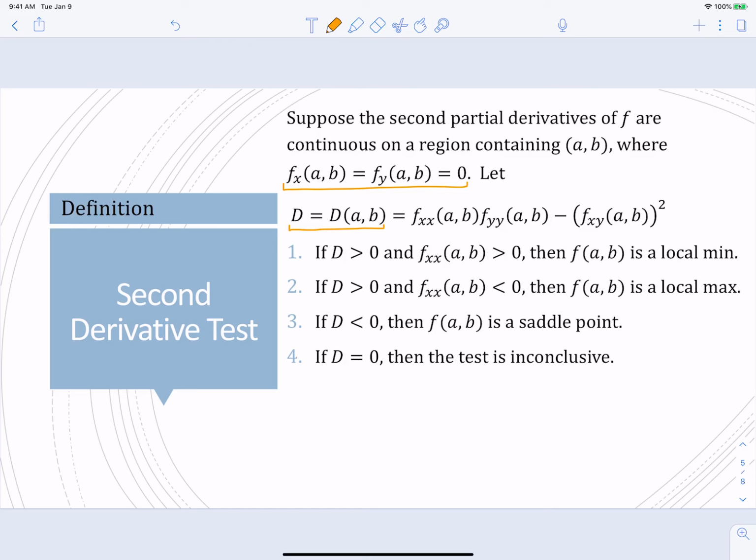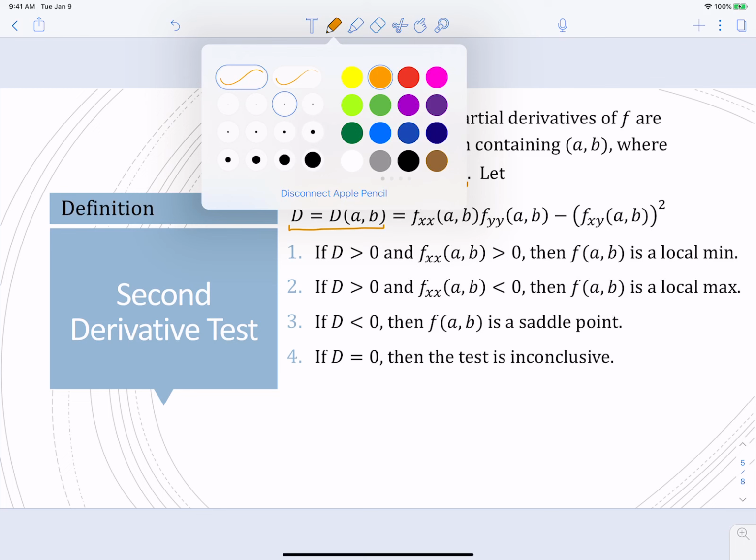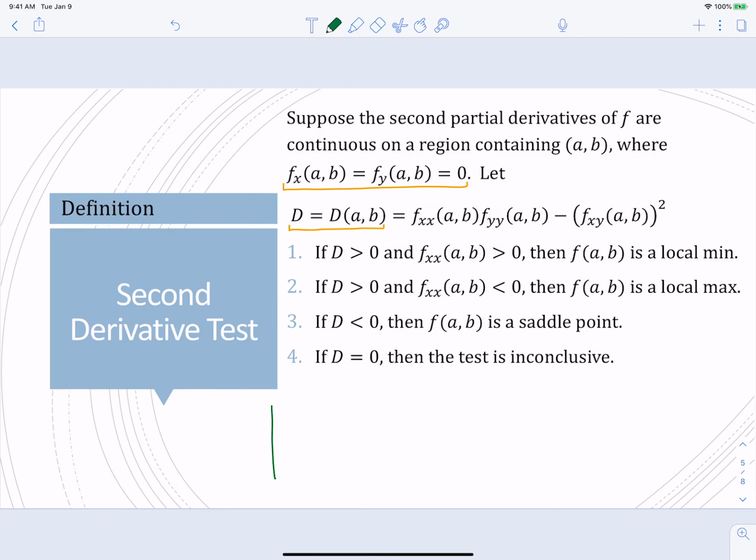So our partial with respect to x twice, our partial with respect to y twice, that's being multiplied, and then we've got subtracted, our partial with respect to x, then with respect to y, squared. So the question is, where does this come from? Where it comes from is us taking the determinant of our second order partial derivatives.